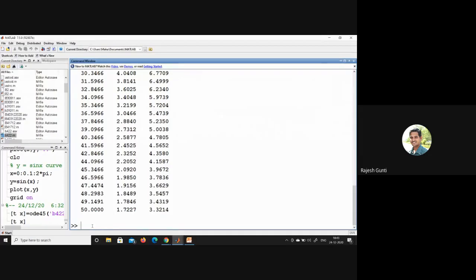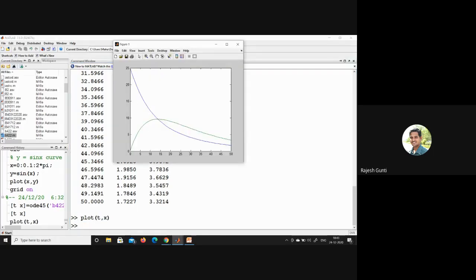Now if you see the plot, what did we get? Plot t comma x. This is the status. Initially 25 kgs of salt is there in tank A. Initially pure water is there in tank B. As time goes on, the concentration of tank A is decreasing. The concentration of tank B is increasing, and later it is again decreasing.